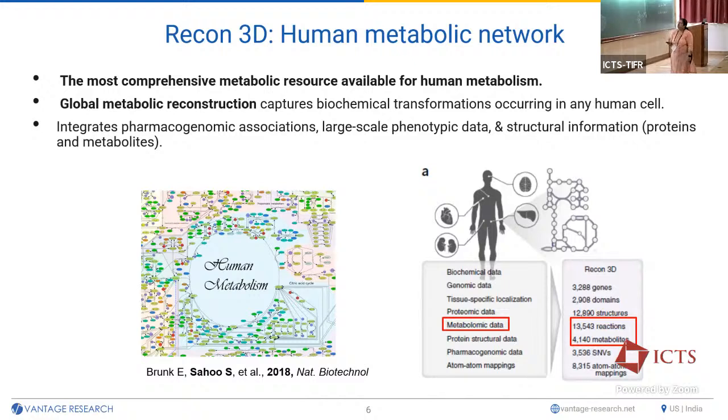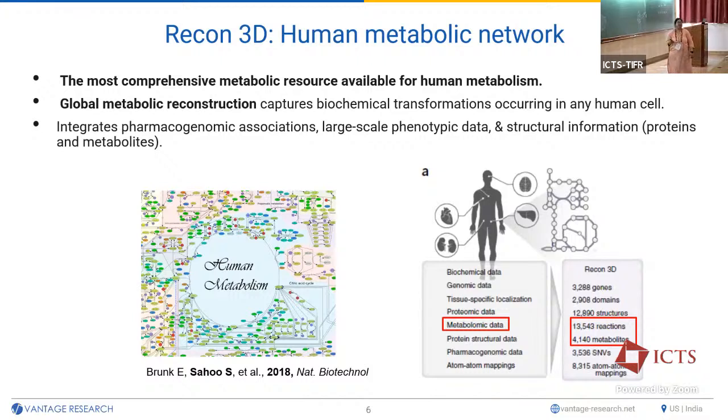The way it was built was by integrating a lot of omics data. There are some slides where I'll give you certain concepts of what exactly omics data is and how you can integrate it. But right now I'm showing you the resultant of the integration of all of these data types onto a metabolic network for human.